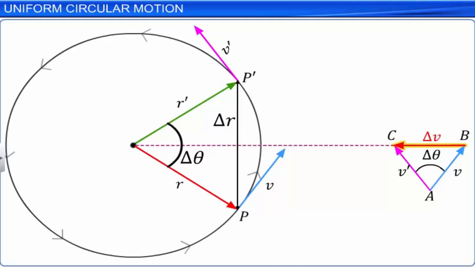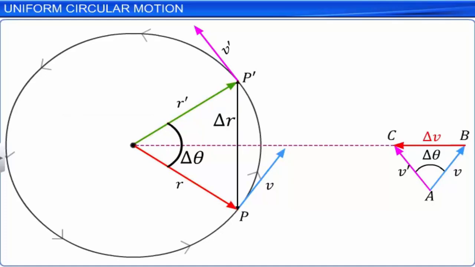v and r, as well as v' and r' are perpendicular to each other as v and v' are tangential to the circle, and r and r' are the radii of the circle. Therefore, delta v is perpendicular to delta r.